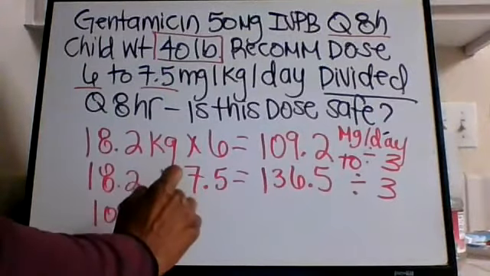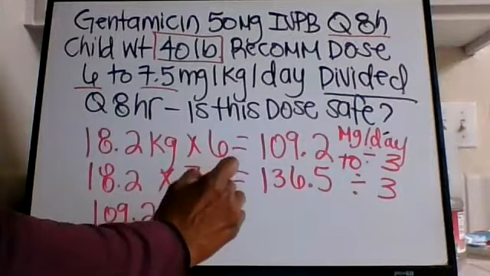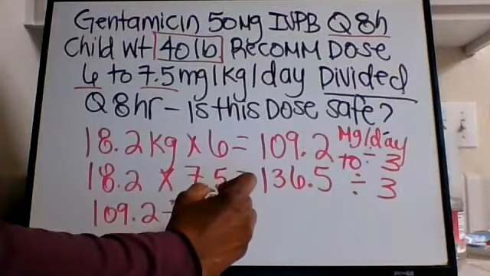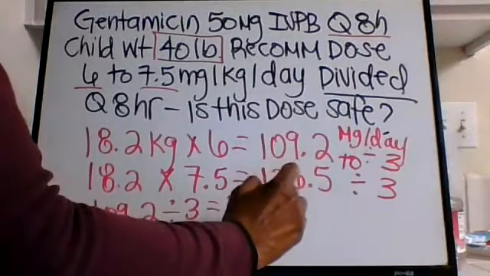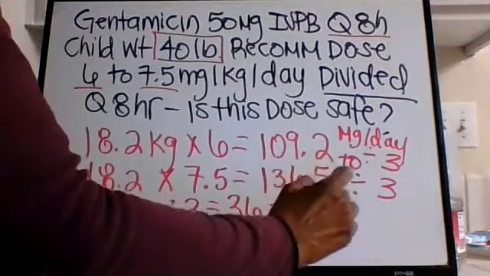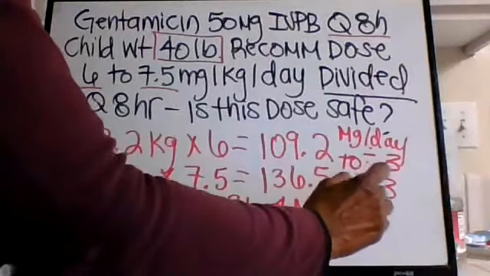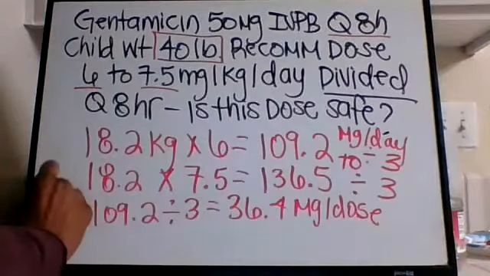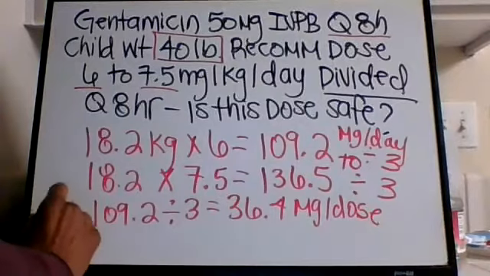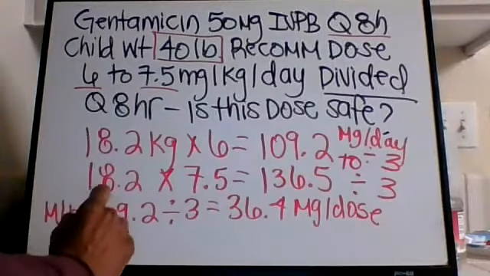So let me just take it down here. 109.2 divided by 3, and that gives us 36.4 milligram dose. All right, this is a single dose. This is a minimum single dose, and this one is the maximum single dose.